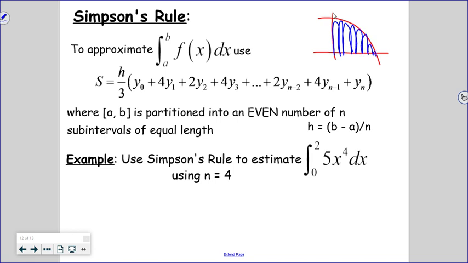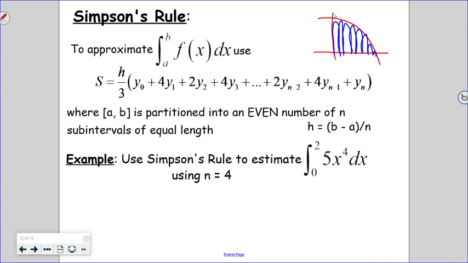There's your Simpson's rule. Okay. The formula for Simpson's rule looks very similar to TRAP, where it takes your height, but instead it will divide it by 3. Your first and last values, where we evaluate the beginning of our interval and the end of our interval, will only be used one time.